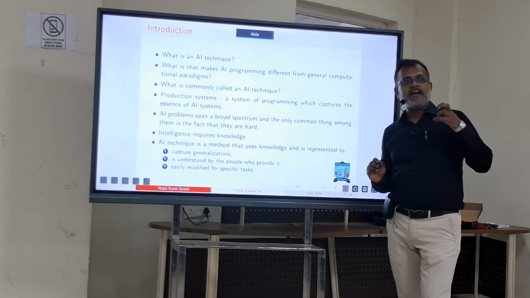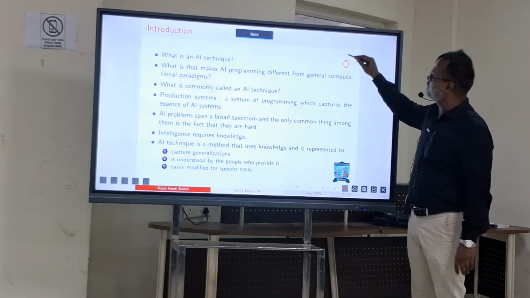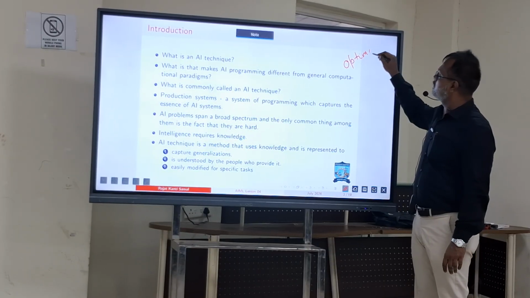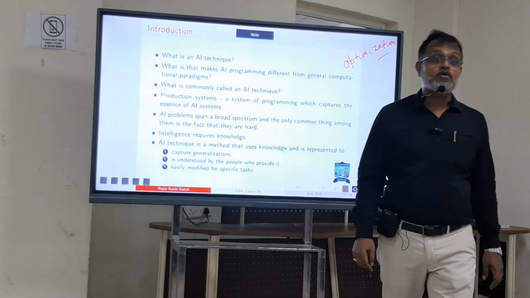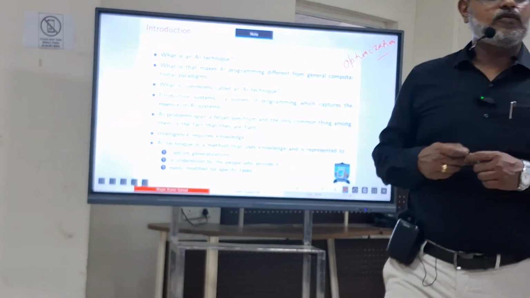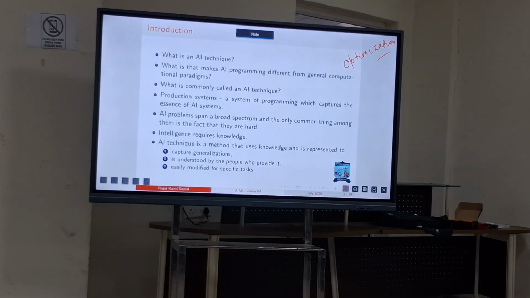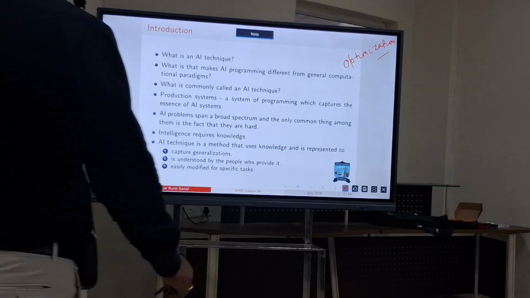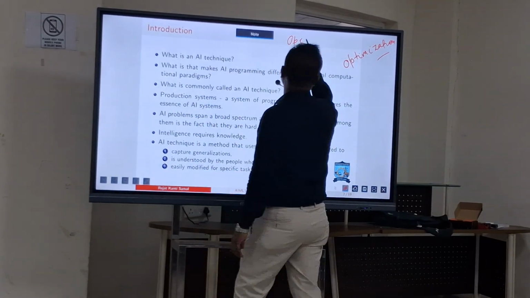When you find the best solution among a set of given solutions, that is known as optimization. So maximize or minimize the objective subject to a set of constraints. That is known as optimization. Optimization is part of a field known as operations research.